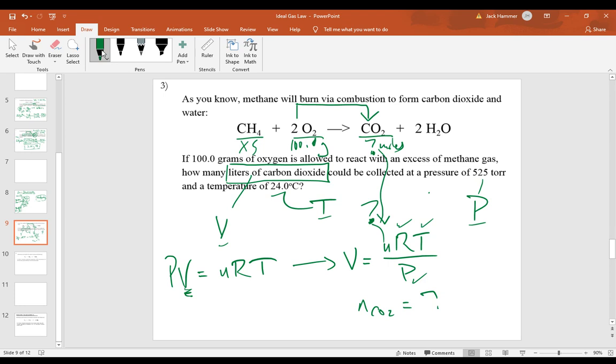That's where these problems become a little more exciting, because they have multiple steps. You're going to have to use stoichiometry along with this 2-to-1 mole ratio to figure out moles of CO2. That's step one. And once you know the moles of CO2, you plug that into the ideal gas law, and then you're home free.